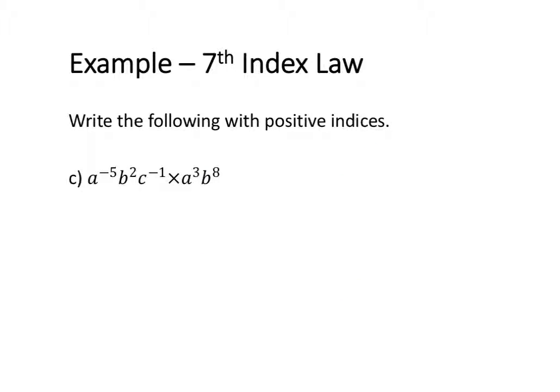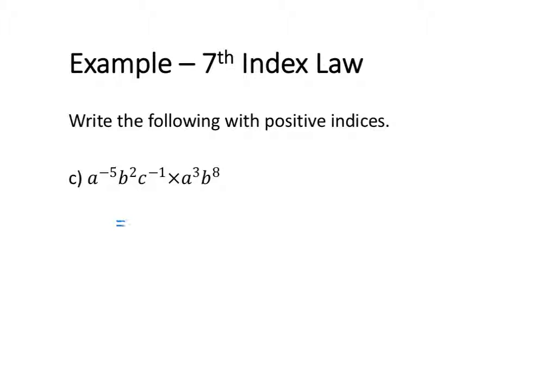Looking at the last example in this video, it's a to the power of negative 5, b to the power of 2, c to the power of negative 1, times a to the power of 3, b to the power of 8. The first step is to simplify by applying the first index law and adding all my indices together that have the same base.